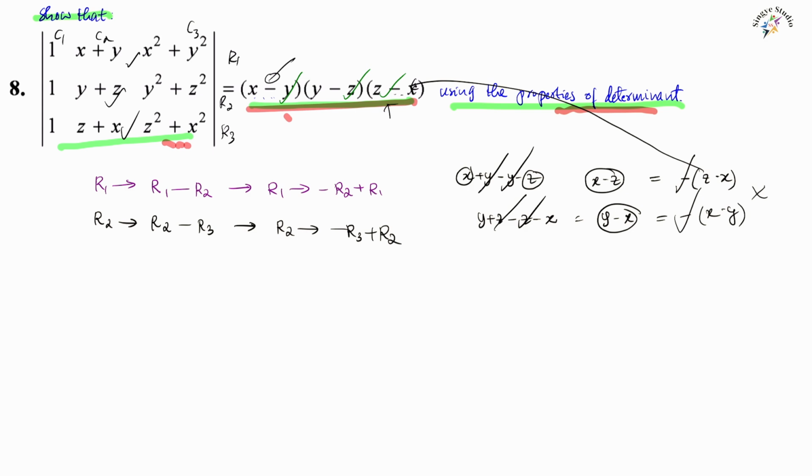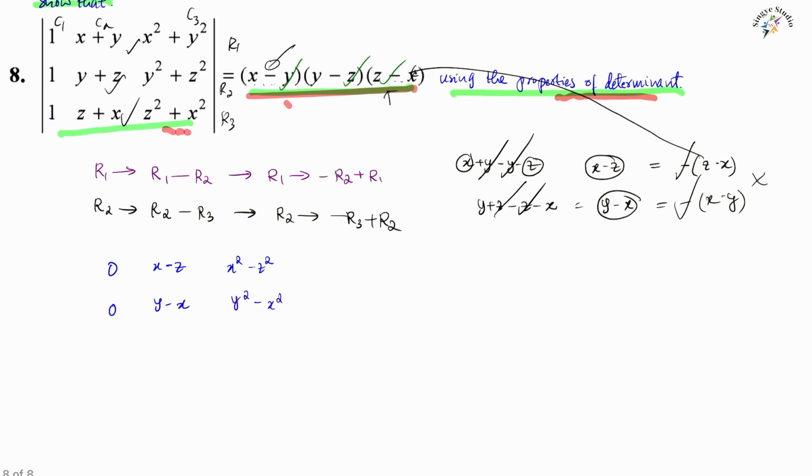So by doing this, we will get now 1 minus 1 is 0, and here I got x minus z, and here x squared minus z squared. Also row 2 minus row 3, so 1 minus 1 is 0, and here I will get y minus x, and here y squared minus x squared.